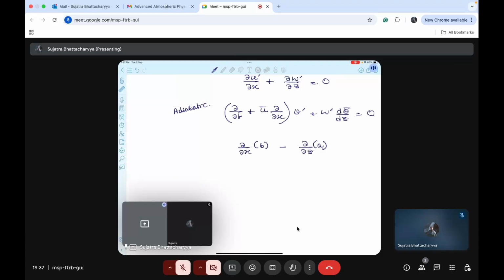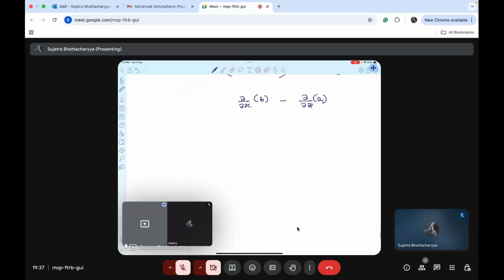So once you do this, I will write the final expression: del del t plus u bar del del x. You will get delta w dash by delta x minus delta u dash by delta z, and minus g by theta bar delta theta dash by delta x equal to 0.